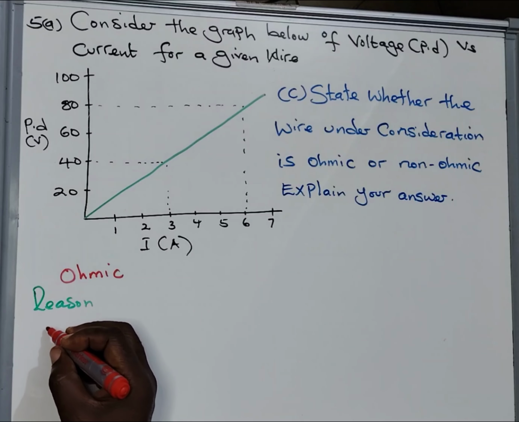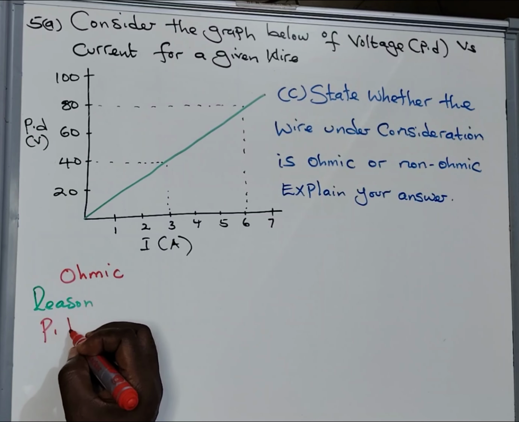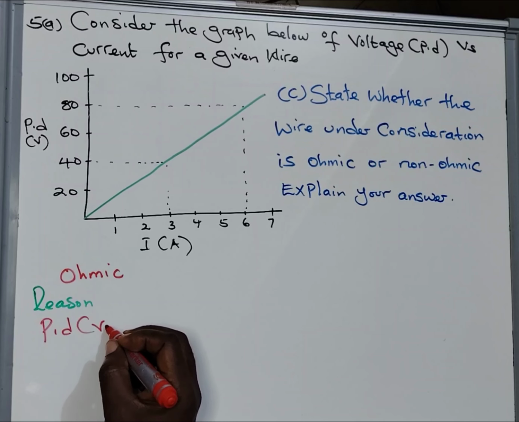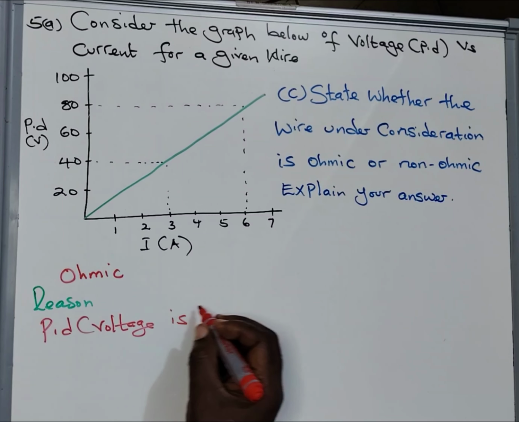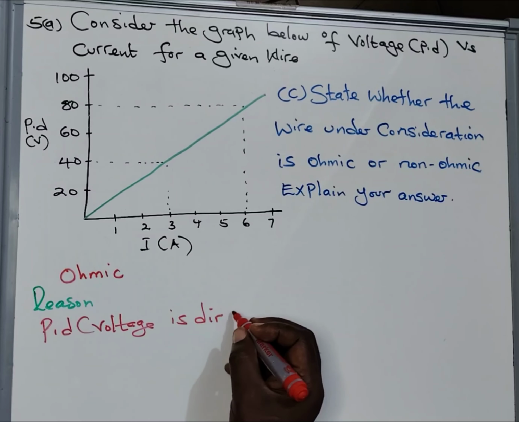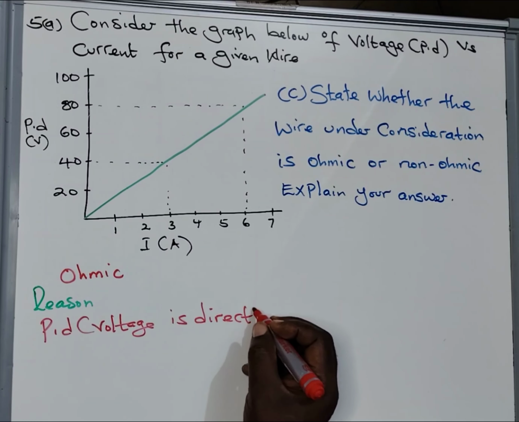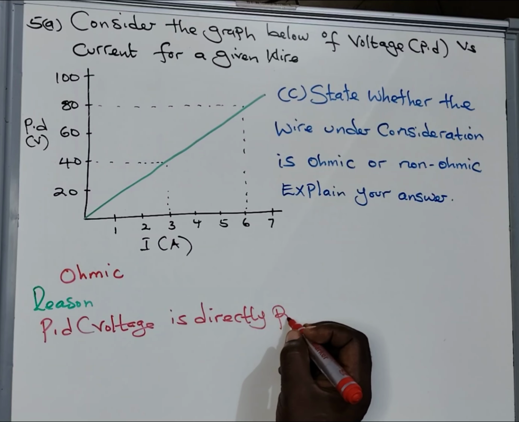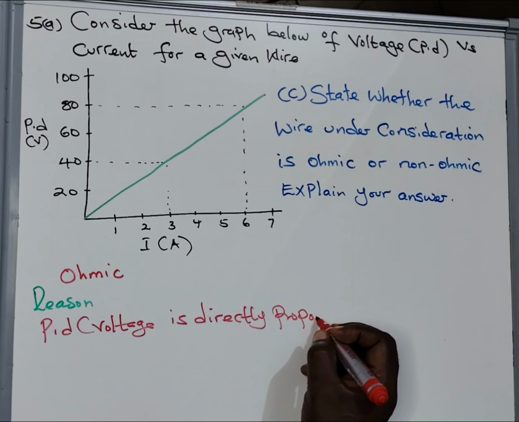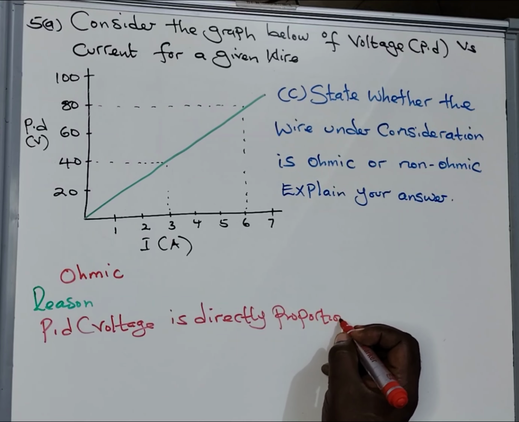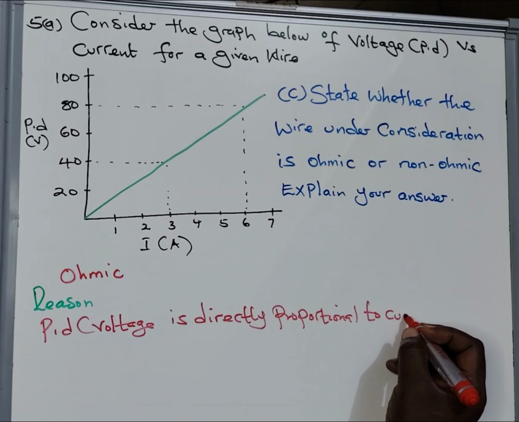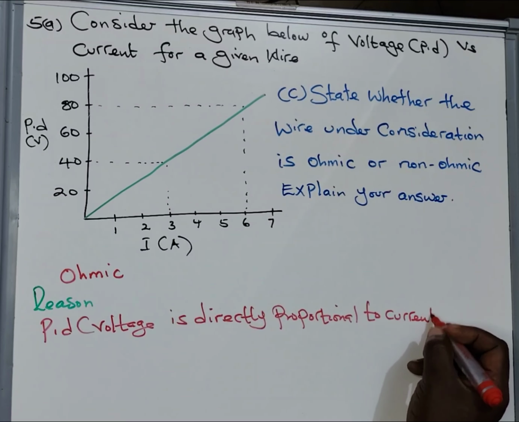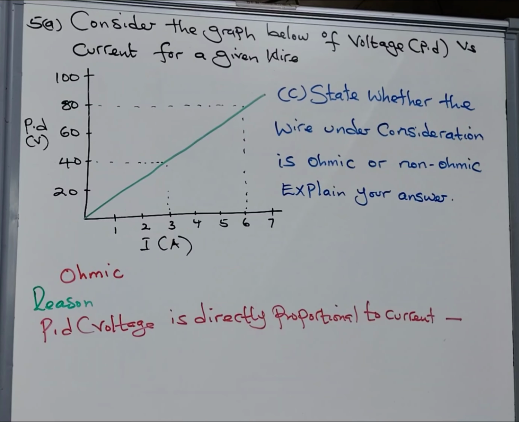So you are going to say PD, or voltage, is directly proportional to current. Why do we say that?